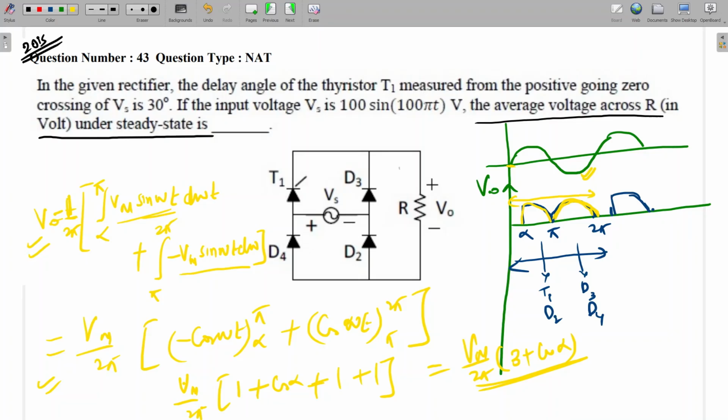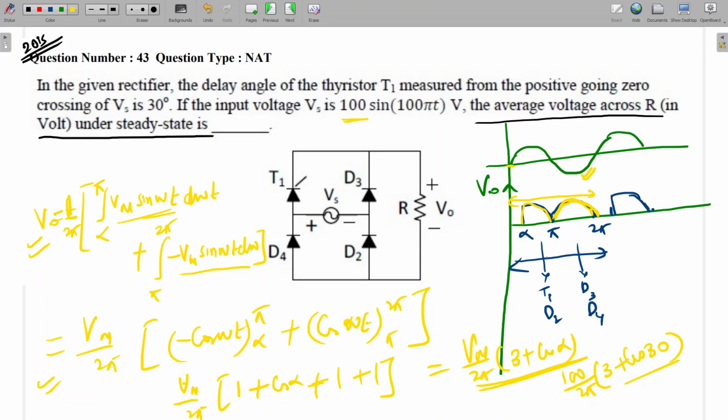Simply we can put the values. So Vm is 100, upon 2 pi, 3 plus cos 30. So this we can calculate: 100 upon 2 into pi, into 3 plus cos 30.